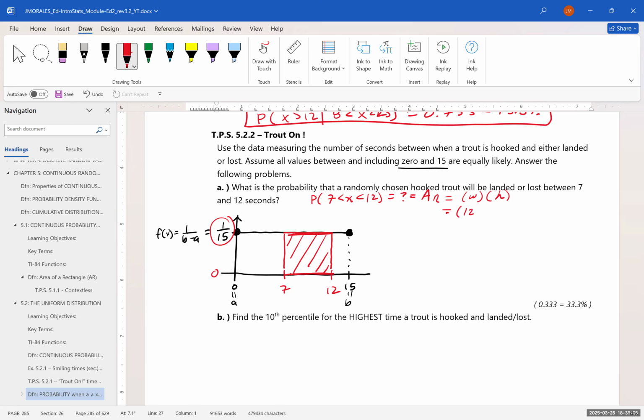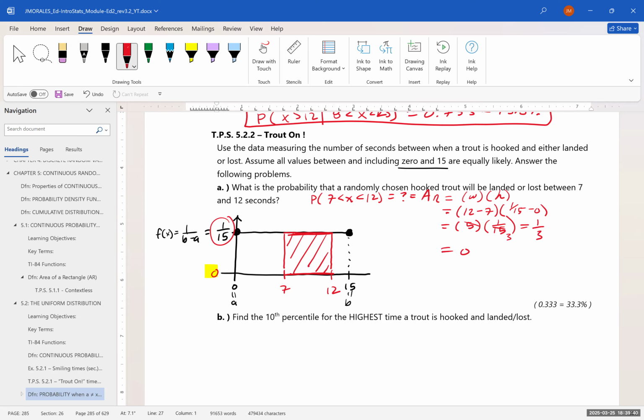Well, it's 12 minus 7 wide, and the height is 1 over 15 minus 0. 12 minus 7 is 5, times 1 over 15. 5 goes into 15 3 times, which gives us 1/3.